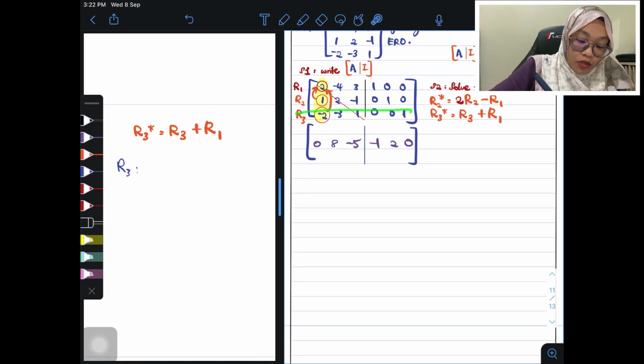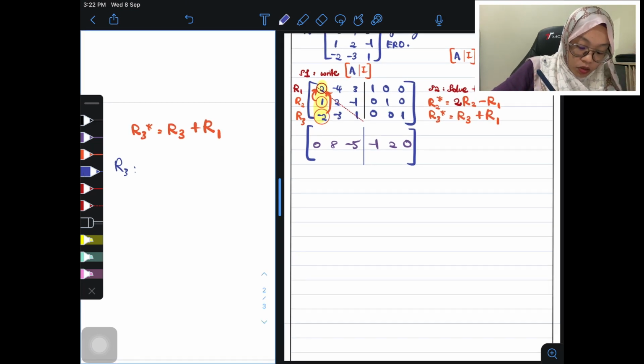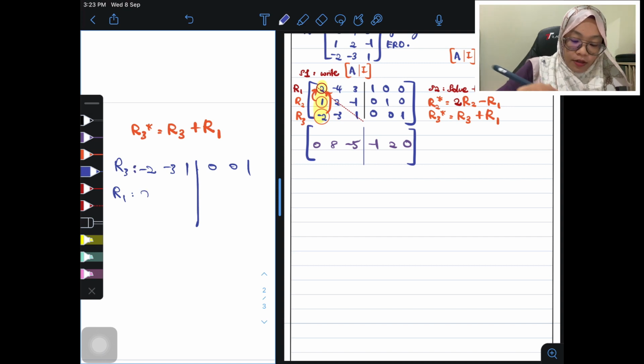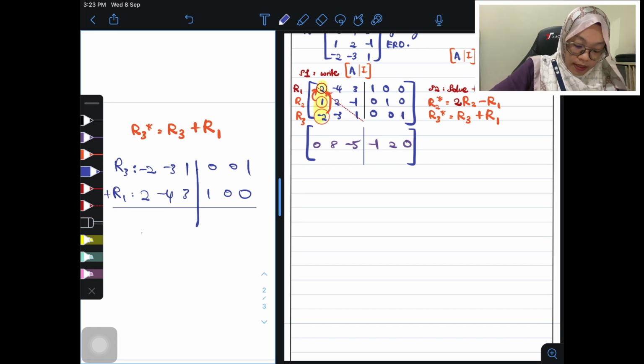Okay, so I just write down my third row, minus it with the first row, plus it with the first row. So I just write it down, negative 2, negative 3, 1, palang, 0, 0, 1. And then row, apa ni? Row 1 adalah, okay, you write down nicely, Row 1 adalah 2, negatif 4, 3, 1, 0, 0.